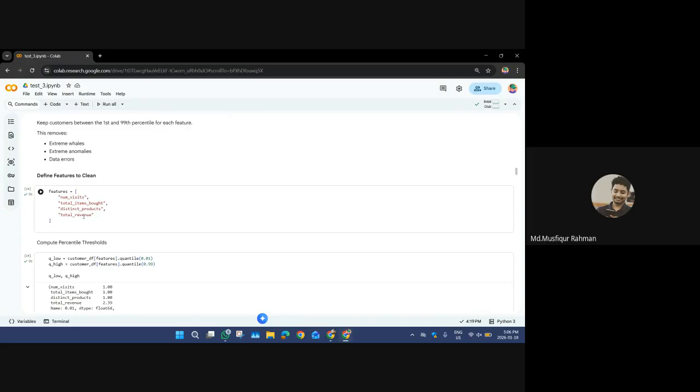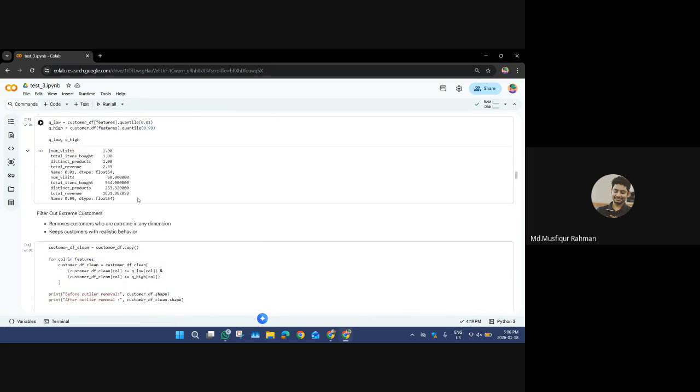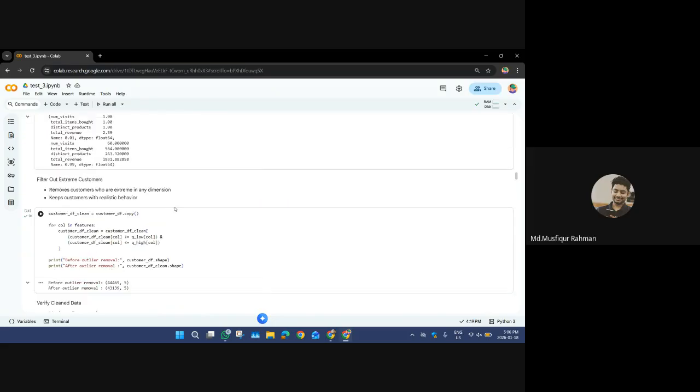So these four are my features for the customer side, and here we compute with percentile trimming, 1 to 99%, and here we can show the low and high levels, which is the lower point and which is the high point, and find out the extreme outliers.